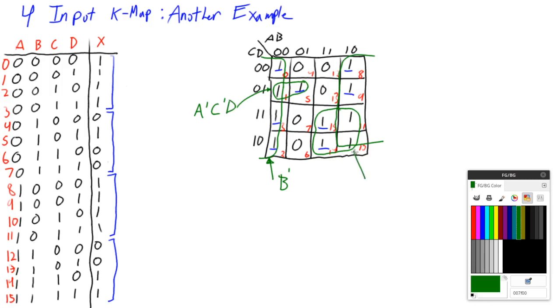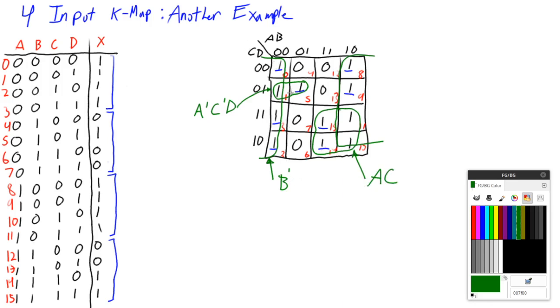And this last implicant, let's see what we've got here. A stays the same as a constant 1. B changes, from a 1 to a 0. C stays the same. And D changes. So this is represented by AC.